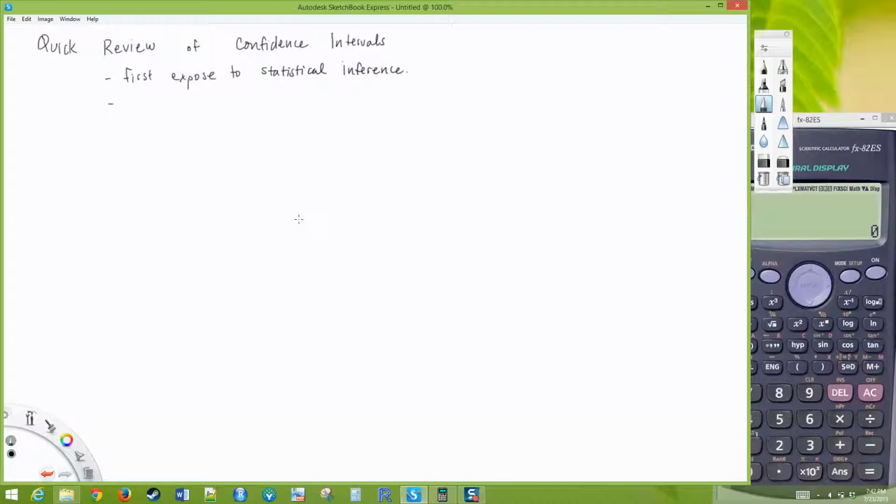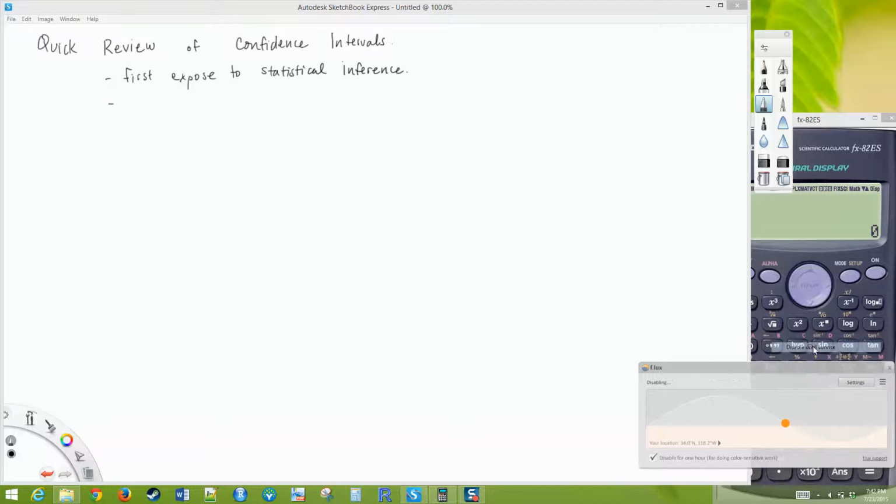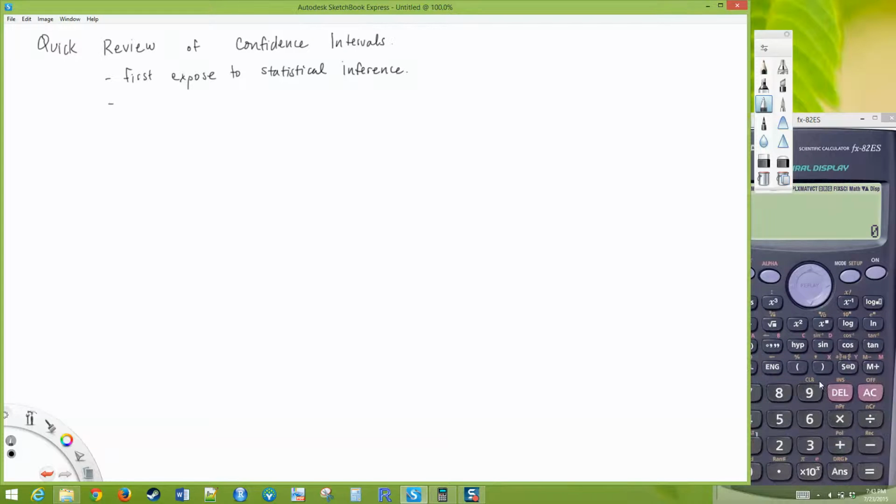We want to make a statement about the value of the population mean, mu. But the only data that we have comes from a sample.